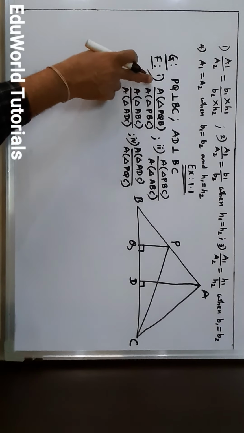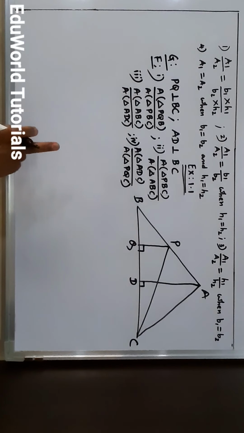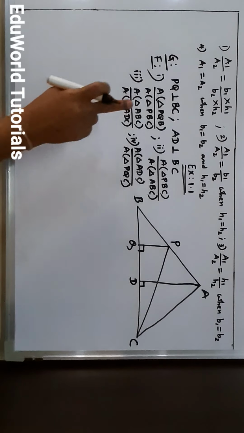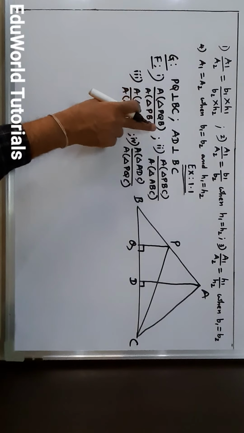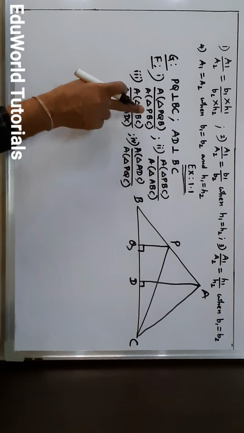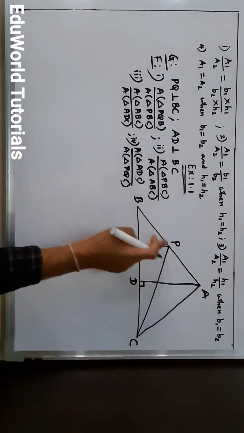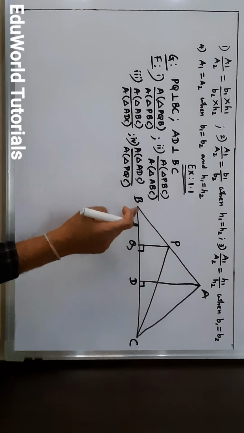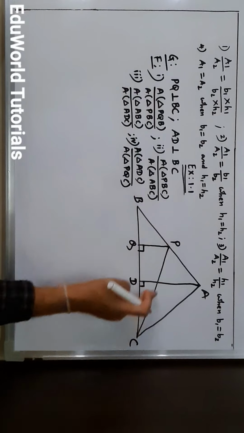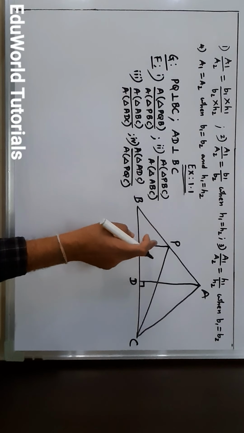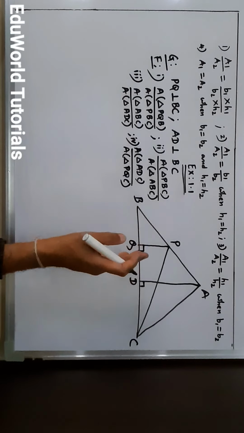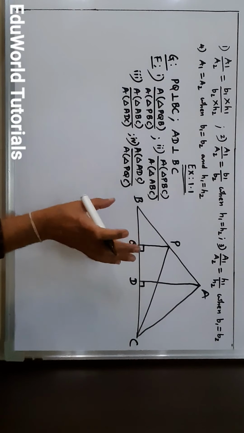Now let us see the first ratio. What does the first ratio say? We have to find area of triangle PQB ratio area of triangle PBC. PQB is this triangle and PBC is this triangle. Do you notice, children, what is equal? Do they have same height or same base?